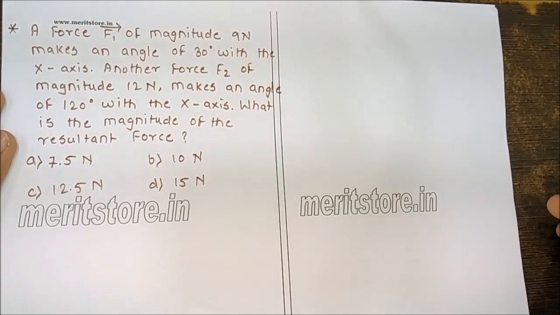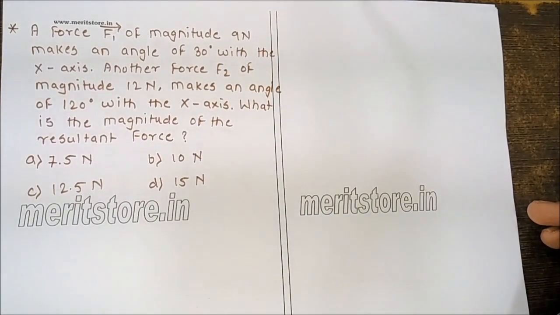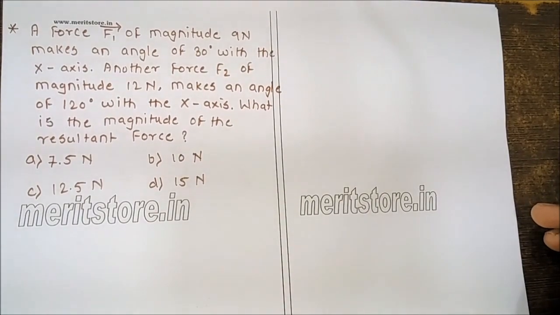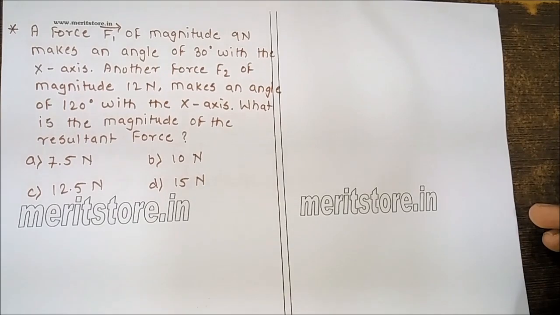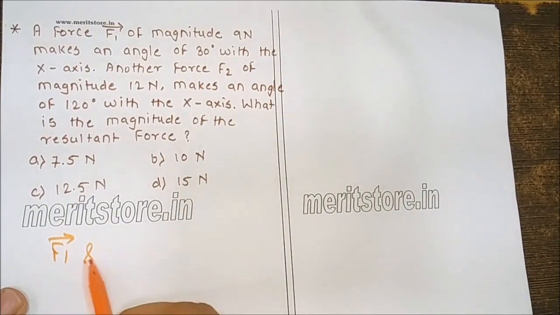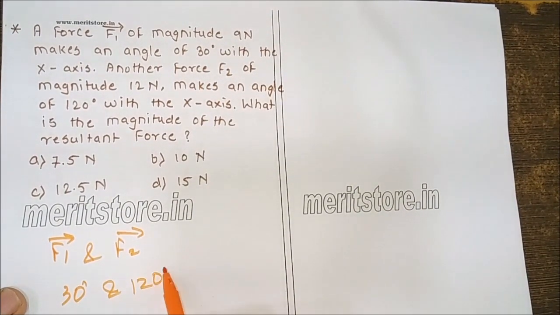A force F1 of magnitude 9 Newton makes an angle of 30 degree with the x-axis. Another force F2 of magnitude 12 Newton makes an angle of 120 with the x-axis. What is the magnitude of the resultant force? Now to calculate the magnitude of resultant force, forces F1 and F2 are inclined at 30 degree and 120 degree respectively to the x-axis.